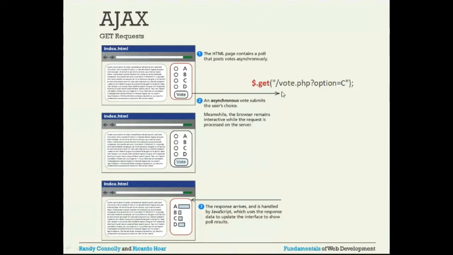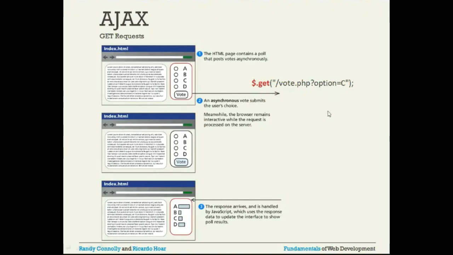The request contains the resource vote.php, and it has a query string option, C. Suppose a certain user has selected C and clicked on vote. You are sending an asynchronous request to the server like this: $.get, passing the resource as well as the query string.